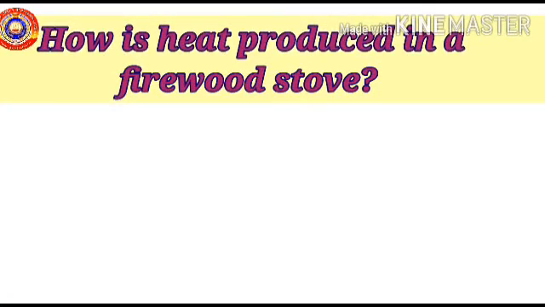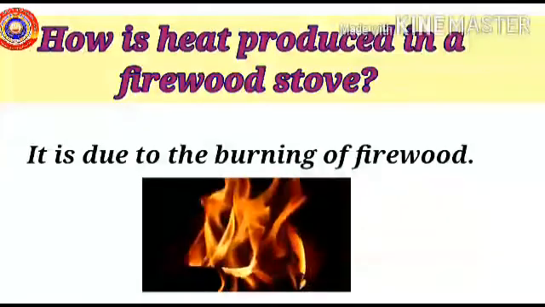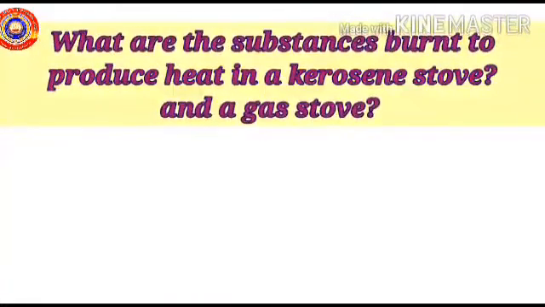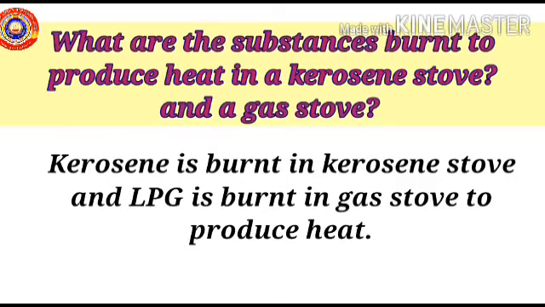Do you know? Yes, it is due to the burning of firewood. Then, what are the substances burned to produce heat in a kerosene stove and a gas stove? Yes, you are right. Kerosene is burned in a kerosene stove and LPG is burned in a gas stove to produce heat.